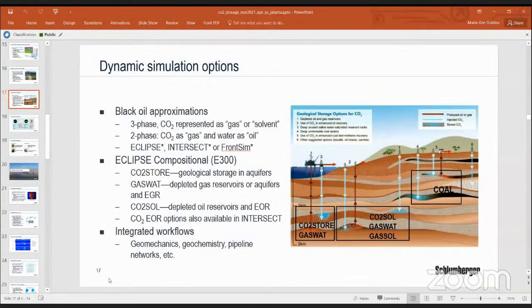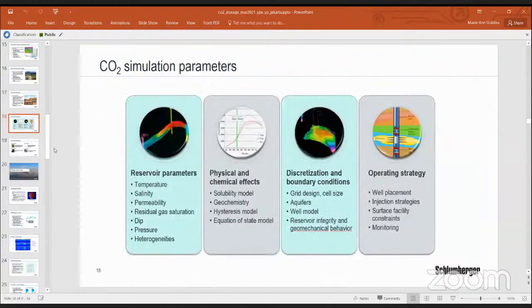And we also need to be able to integrate our simulator with other tools for more detailed studies and workflows covering things like geomechanics, geochemistry, pipeline networks, etc. Sort of things we need to do in our CO2 simulation include having the reservoir parameters properly defined to cover characteristics like temperature, salinity, permeability, residual gas saturation.